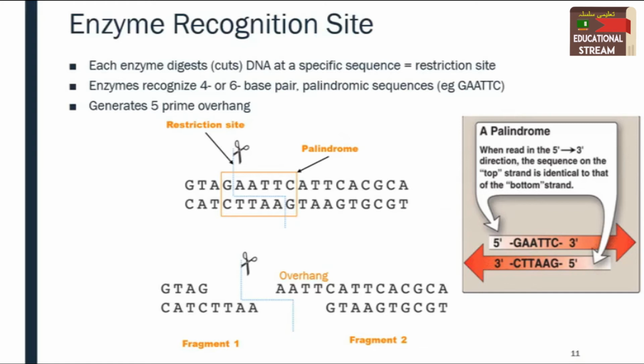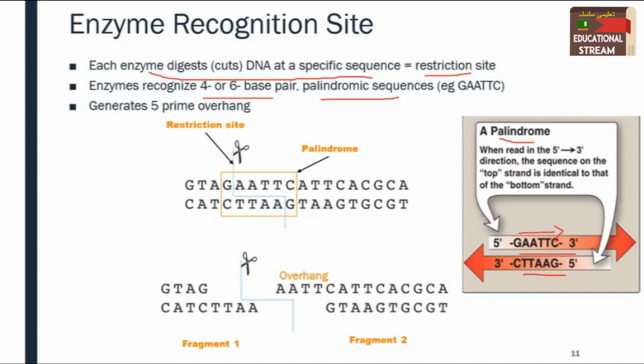As we discussed, the enzymes have specific restriction sites and specific sequences, and mostly these are 4 to 6 base pairs. Palindromic sequences: here is the illustration of the palindromic sequence of EcoR1. We call a sequence palindromic when, read in the 5' to 3' direction, the sequence on the top strand is identical to the sequence on the bottom strand.